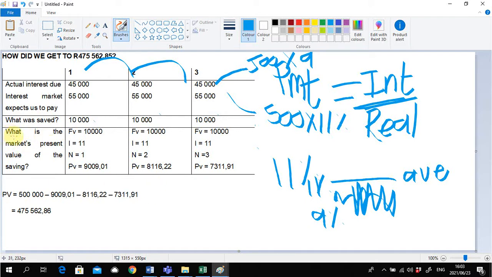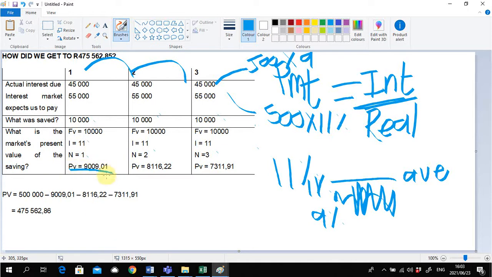And again, now I'm calculating what is the market's present value of the saving. So I said I'm saving 10,000 Rand 1 year from now. Then I'm saving another 10,000 2 years from now. And I'm saving another 10,000 3 years from now. So I type that into my financial calculator and say, I'm going to save 10,000 Rand 1 year from now at a market rate of 11%.